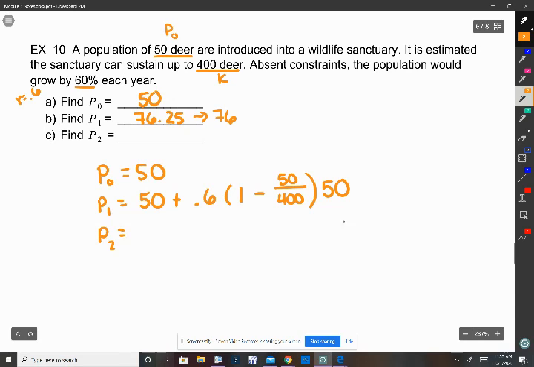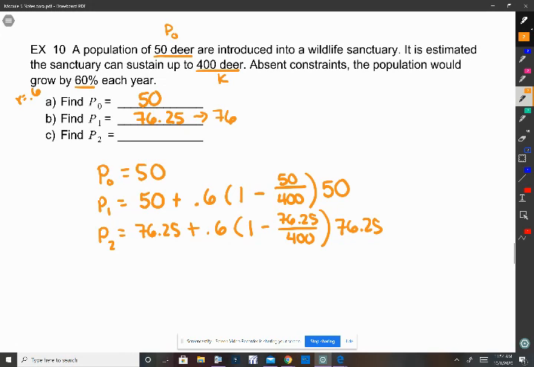So when I do P sub 2, I'm going to do the 76.25 plus 0.6, 1 minus the previous, which is 76.25 over 400 times 76.25. So basically everywhere you see the 50, it changes to 76.25 because that's the previous amount.